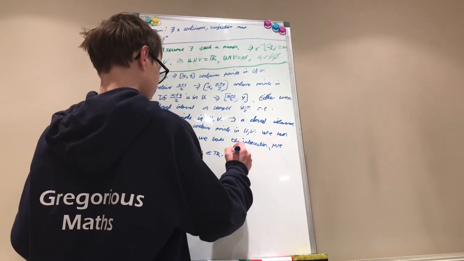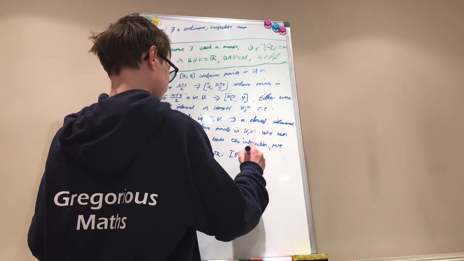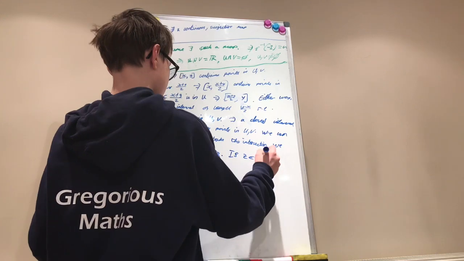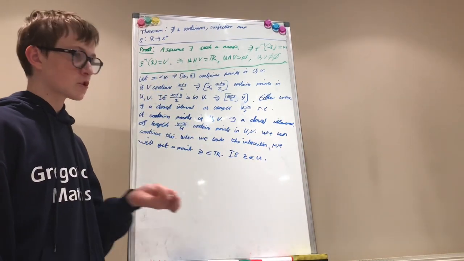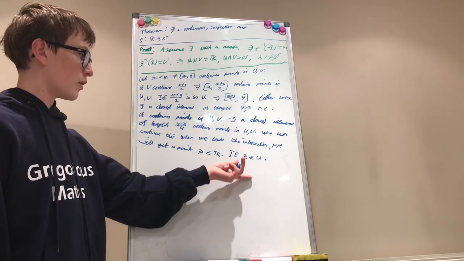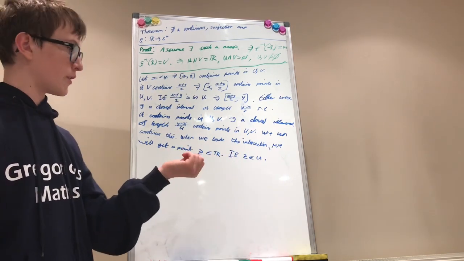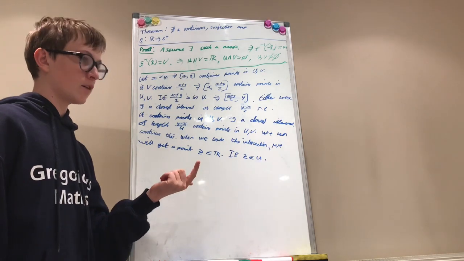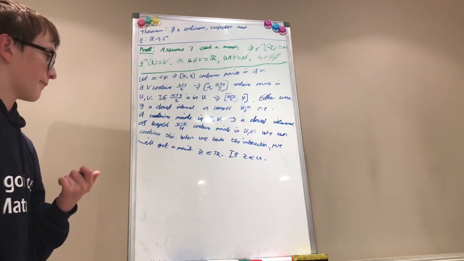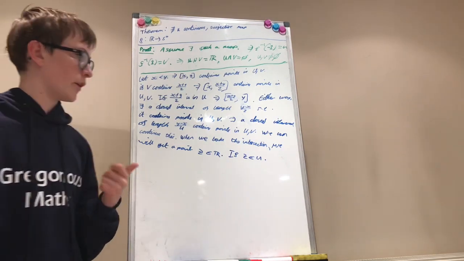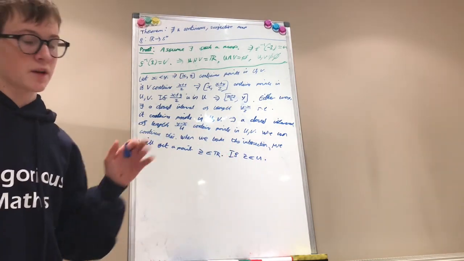Now let's assume that z is in U. We'll show that this is not possible, and then once we've done that, we can use the same argument to show that z can't be in V. I won't have enough space, but we use the exact same argument.